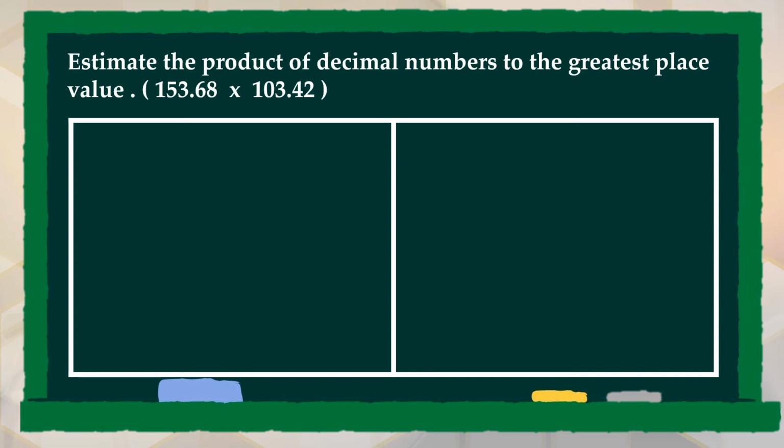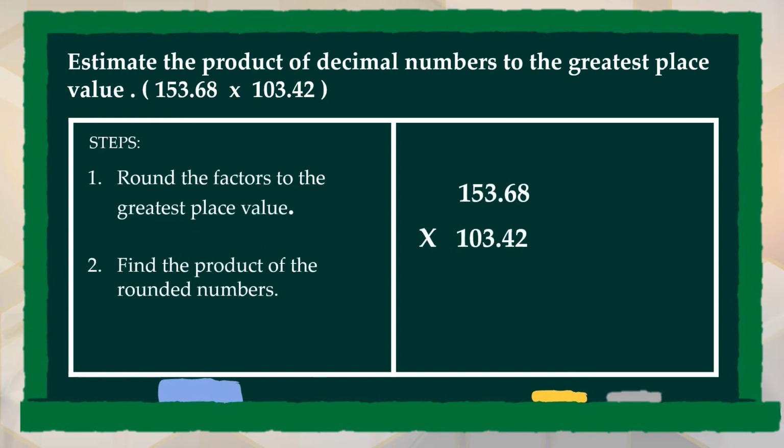Estimate the product of decimal numbers to the greatest place value of 153 and 68 hundredths and 103 and 42 hundredths. Again, you have to round off the factors to the greatest place value. So 153 and 68 hundredths is approximately equal to 200, and 103 and 42 hundredths is approximately equal to 100.